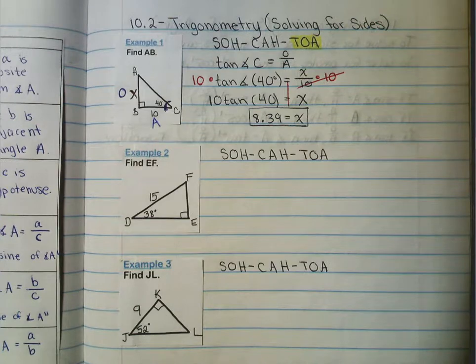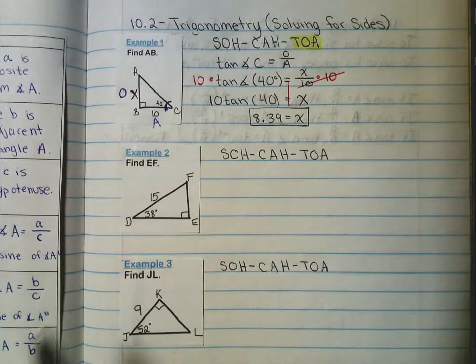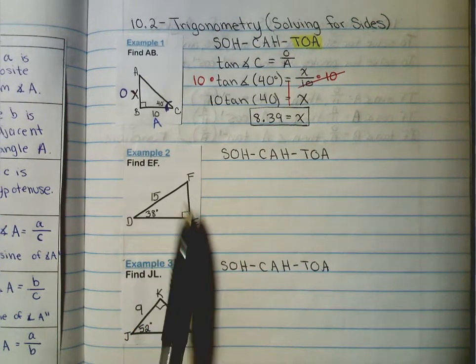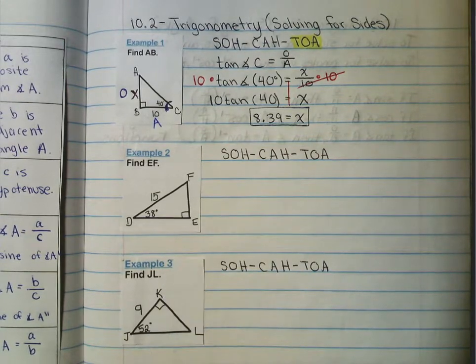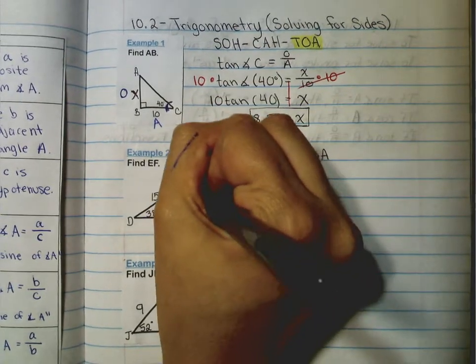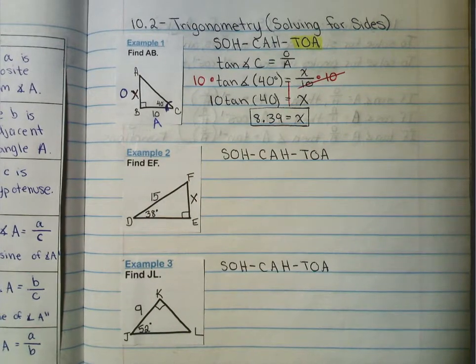In example 2, they're asking me to find the length of EF. EF is this side right here, so I'm going to label the side with an X. That's what I'm trying to find.